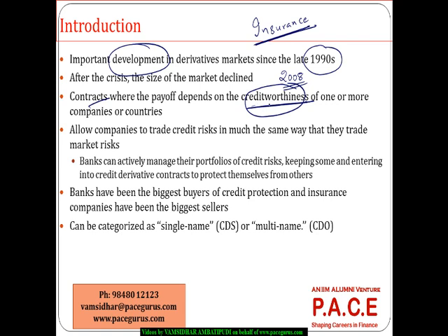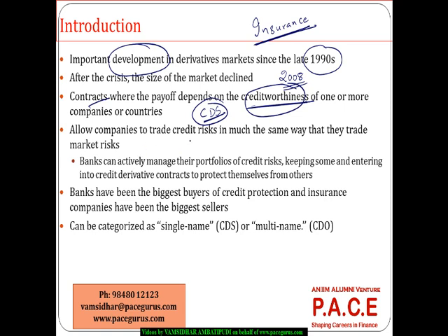If that company defaults, I get some benefit through this credit derivative instrument. So it is a very powerful tool. When we talk about credit default swaps, we'll get into more detail, because they are one of the most powerful credit derivative instruments today.